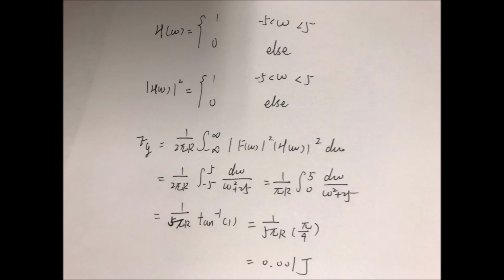For other points, my H(ω) is 0, so low pass. So my system response magnitude squared is also a rectangular function in the frequency domain. Okay, let me know if you have any question for this stuff.